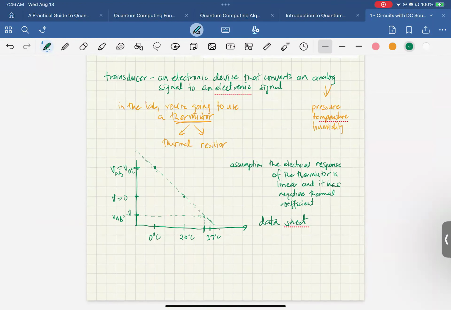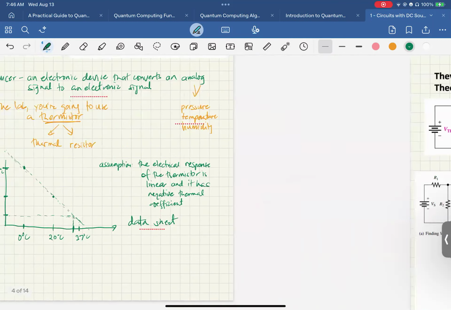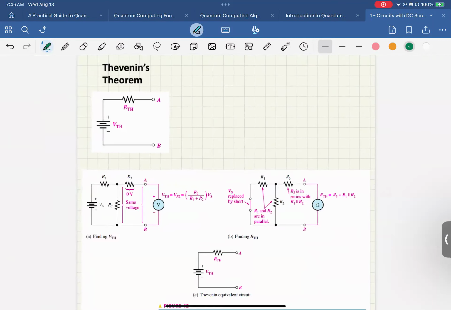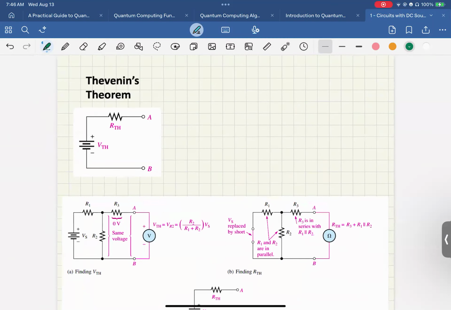Okay. Now, ang next topic natin is not an electrical circuit, but instead, it's a way to understand how electrical circuits work. At ang tawag dito sa topic na ito or sa concept na ito ay Thevenin's theorem.